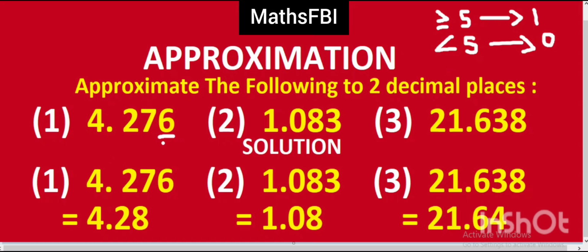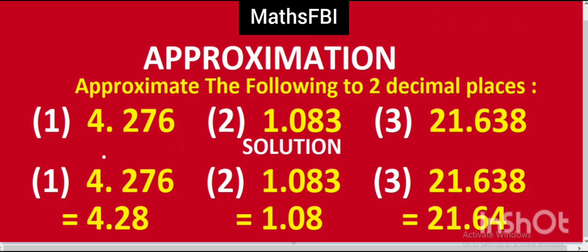Okay, so now let's take a look at this. Now 6 is greater than 5. So what we'll do is, like coming to the solution, we are rounding this up to 1. It becomes 1 plus 7.